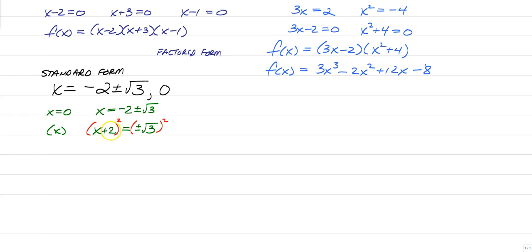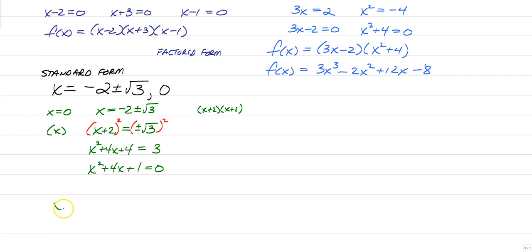So x plus 2 squared is not x squared plus 4. It's x squared plus 4x plus 4, because you have to do x plus 2 times x plus 2. Do not ever forget that. And then that's equal to the square root of 3 squared, which is just 3. But then we still have to get this equal to 0, so you subtract 3 from both sides, and you have x squared plus 4x plus 1 equals 0.